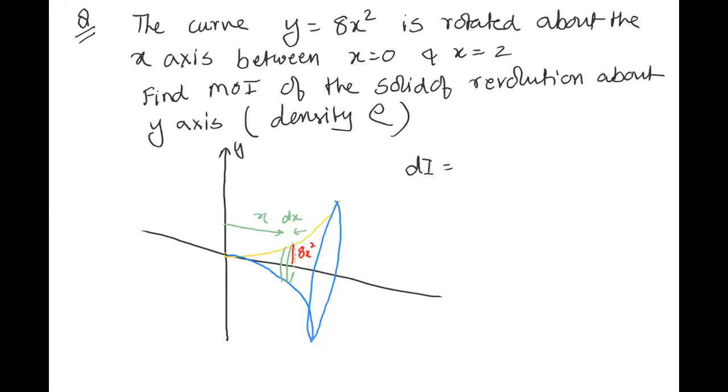The moment of inertia of this disk about this axis can be easily worked out using the perpendicular axis theorem, and it will be equal to dm into r square by 4. Right? For a disk, along any diameter the moment of inertia is mr square by 4.